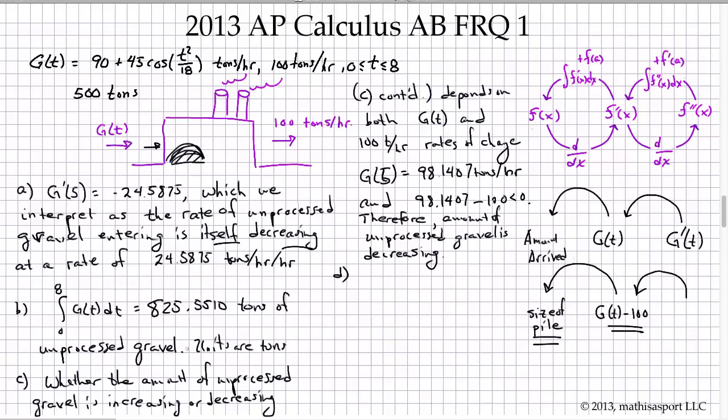So we're going to write g of t minus 100 exists for all t from 0 to 8.